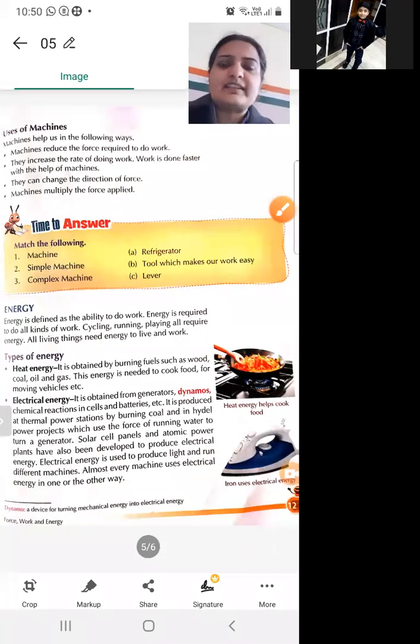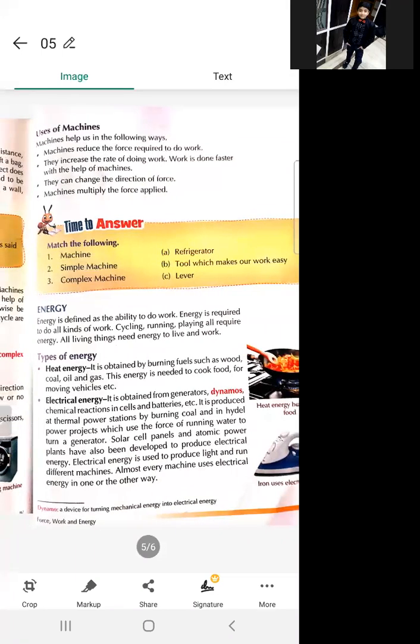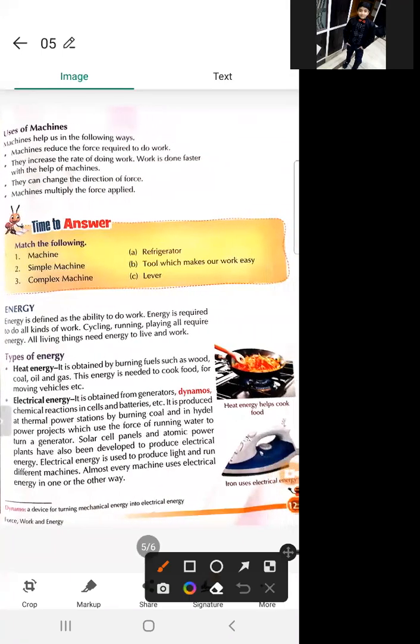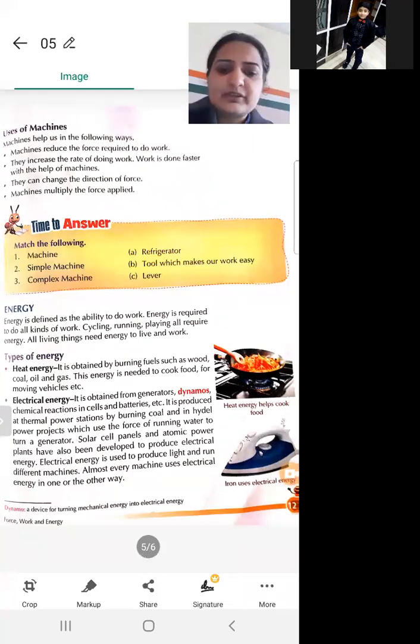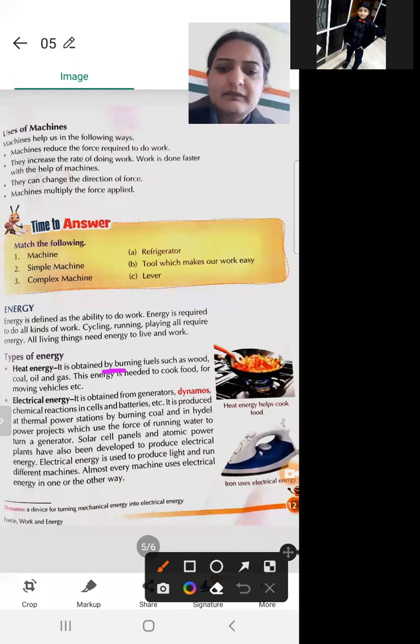And how is heat energy produced? Heat energy is produced by burning fuel, just like wood, coal, oil, gas.